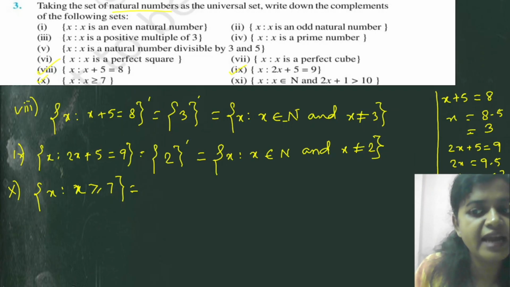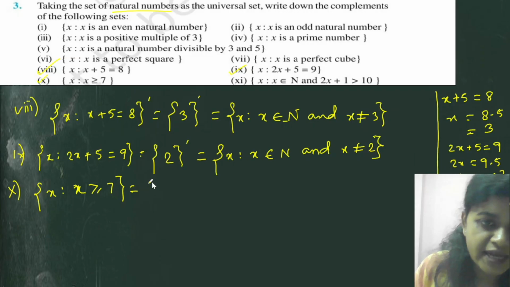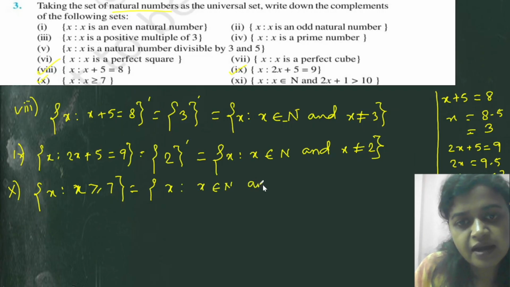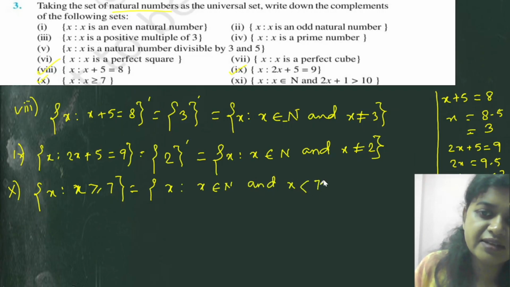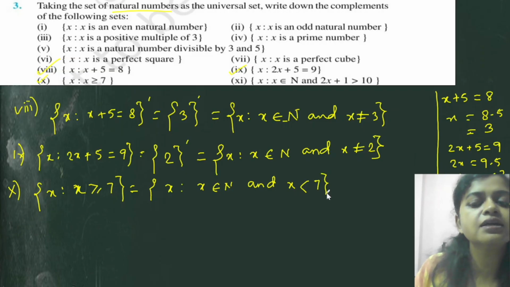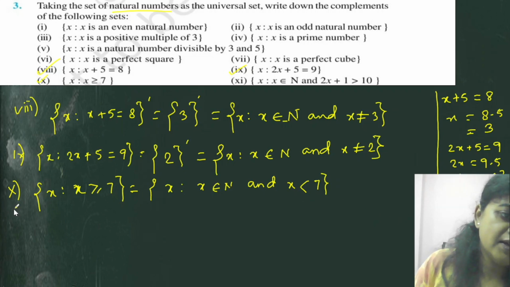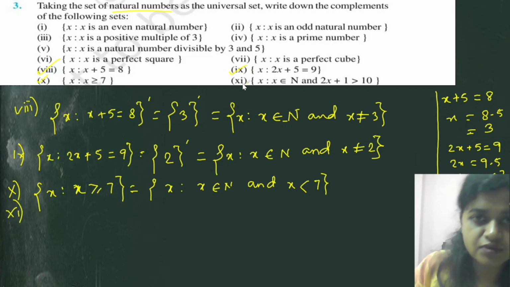So you can write x such that x belongs to natural numbers and x is less than 7. This means 1, 2, 3, 4, 5, 6, excluding 7 because there is no equal sign.